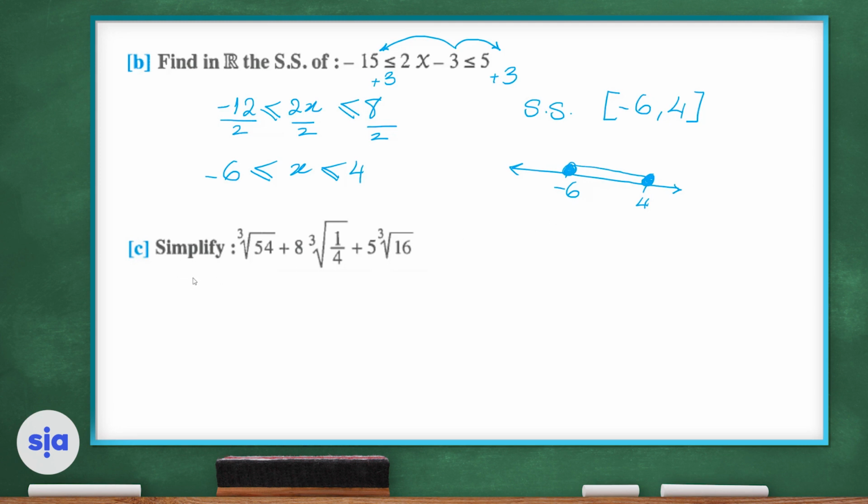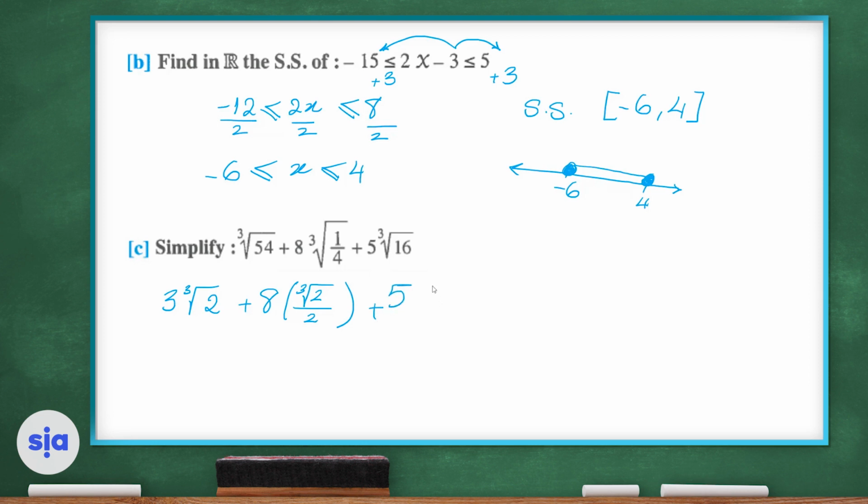Part C, the question wants us to simplify each of the following. When we do the prime factorization for the 54, you will see that the cubic root of 54 is 3 cubic root of 2 plus 8. When you simplify the cubic root of 1 over 4, you will see that it will be cubic root of 2 divided by 2 plus 5 cubic root of 16.